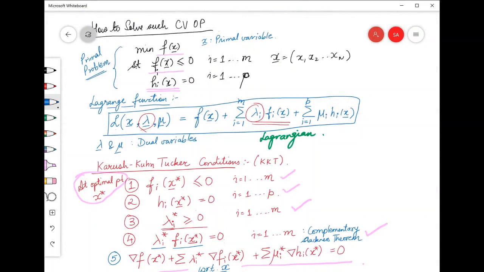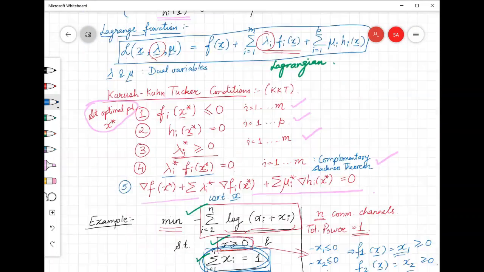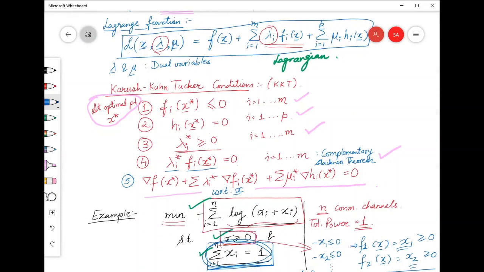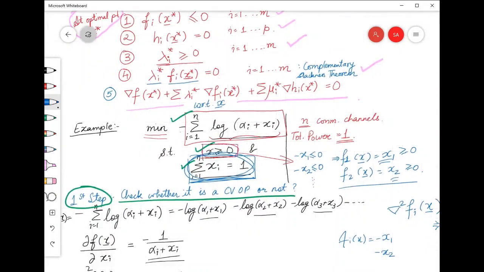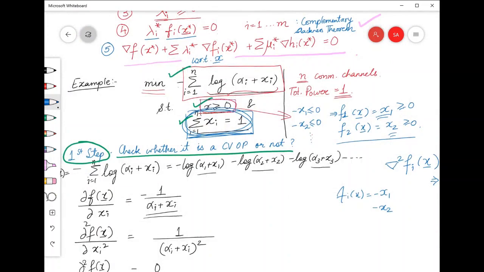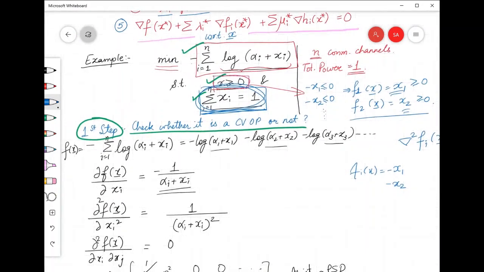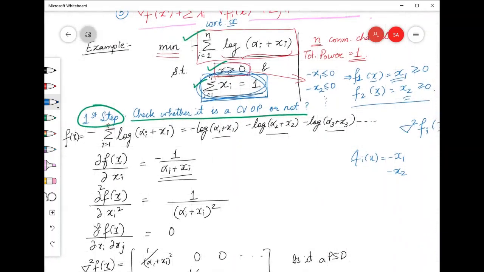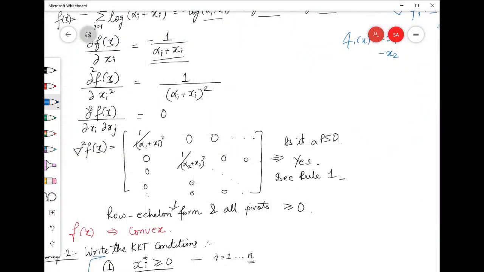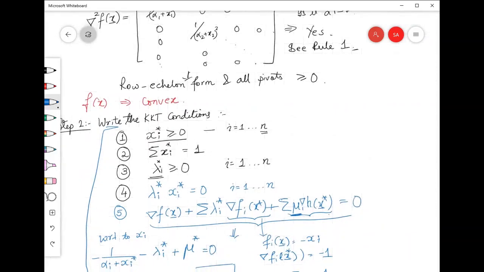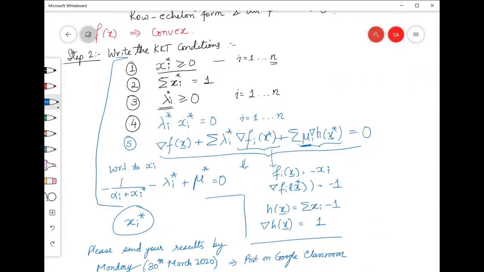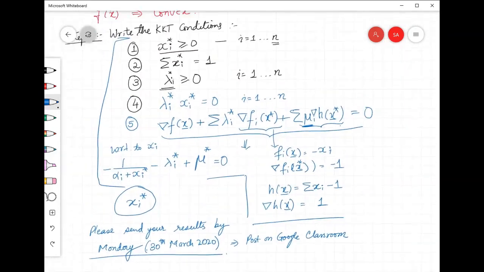You first have to prove that a problem is convex, and then you form the Karush-Kuhn-Tucker conditions, the KKT conditions. For a given problem, we took an example from a wireless communication system. We checked that the problem is convex, and then we formulated the KKT conditions and got a set of conditions.